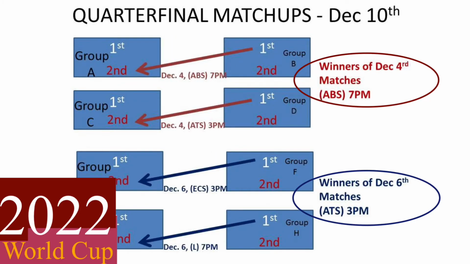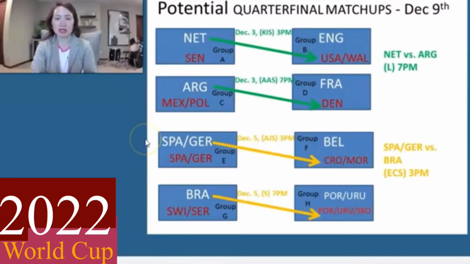On December 10th, the evening match at 7 o'clock will feature the winners of the matches played on December 4th. The winners of the matches played on December 6th will play at 3 o'clock.